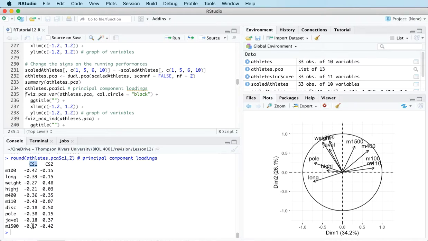The magnitudes of all these numbers are the same as they were before, only now all the signs are consistent. It doesn't matter too much that they're all negative. It's just as easy to work with whether they're all negative or all positive. The idea, though, is that they're all the same sign.